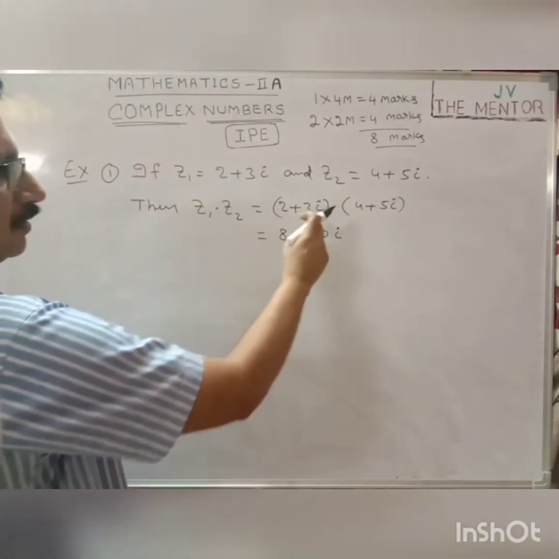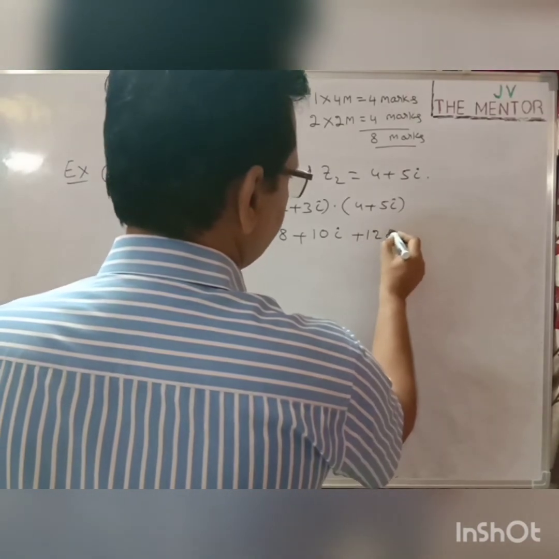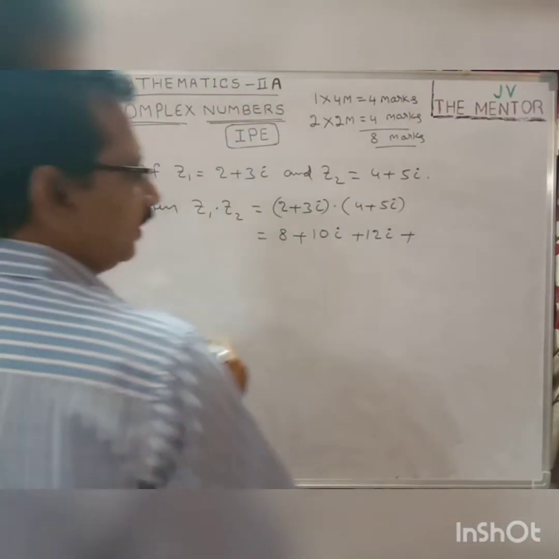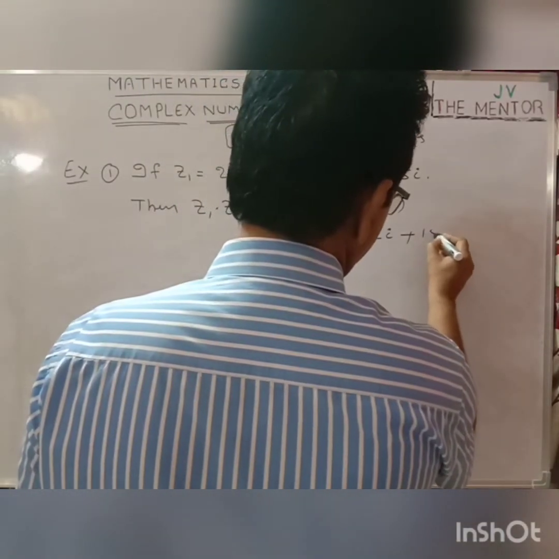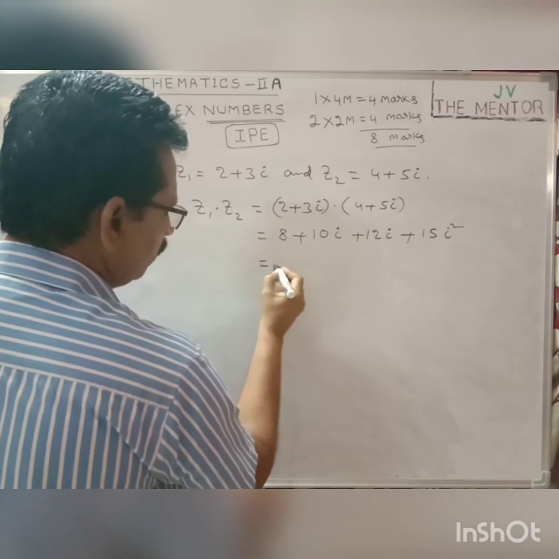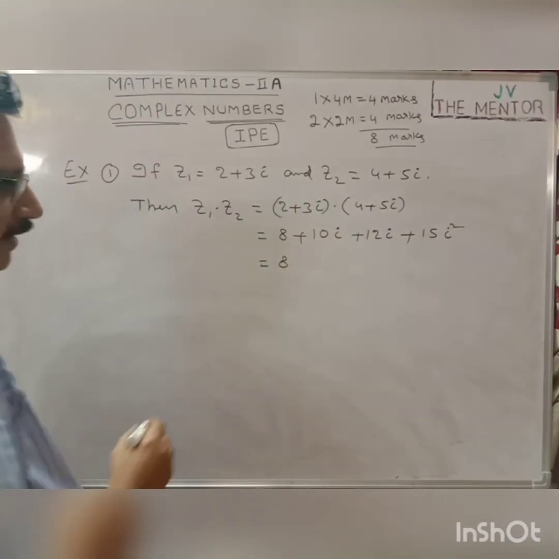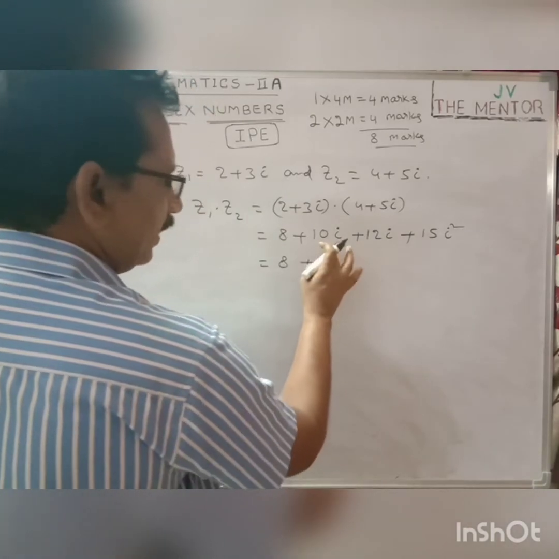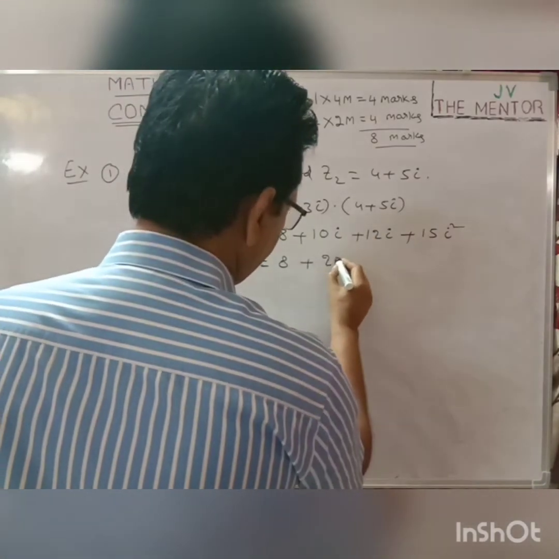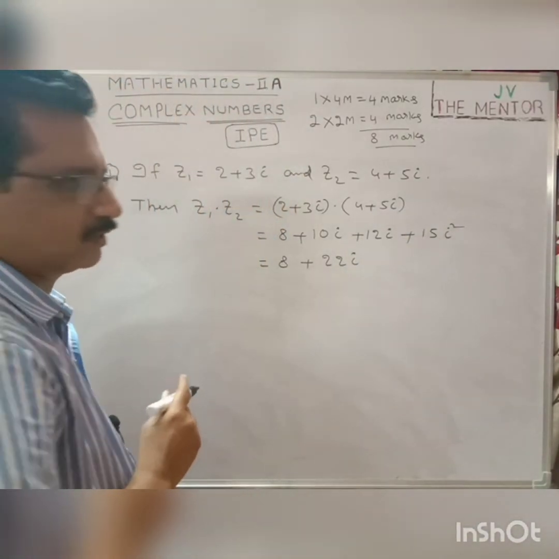Next, 3i into 4, 12i, plus 3i into 5i, 15 I square. Now this equal to 8 plus 10i plus 12i, 22i. Here what is the value of I square? Minus 1.